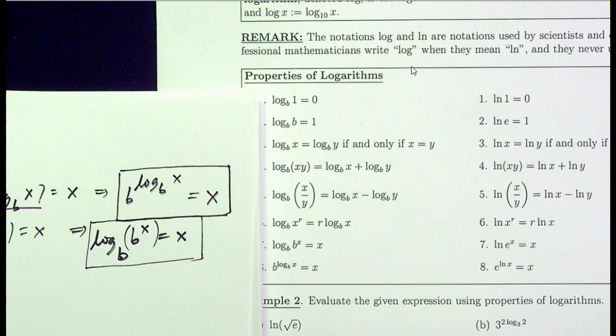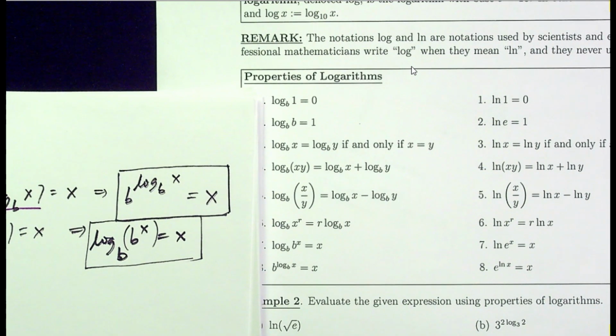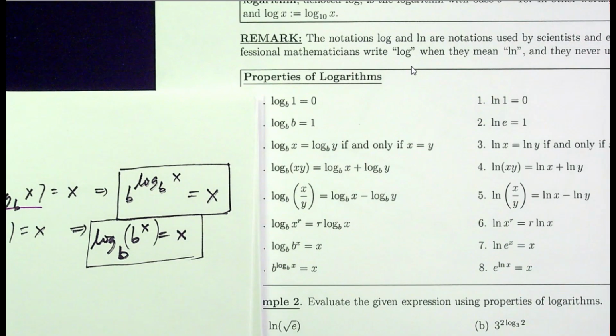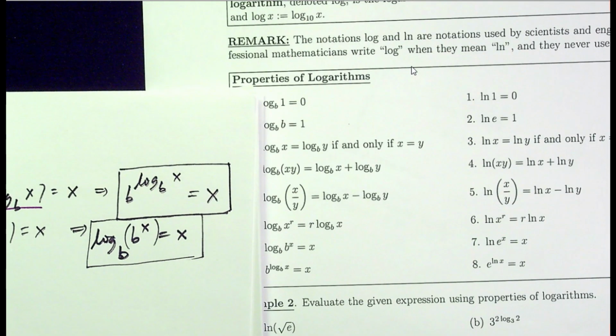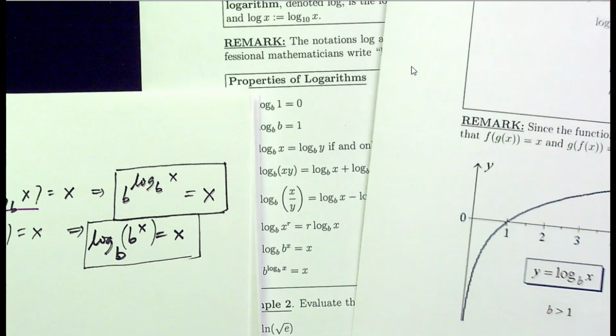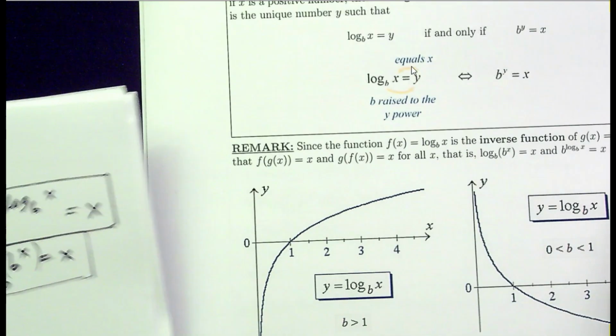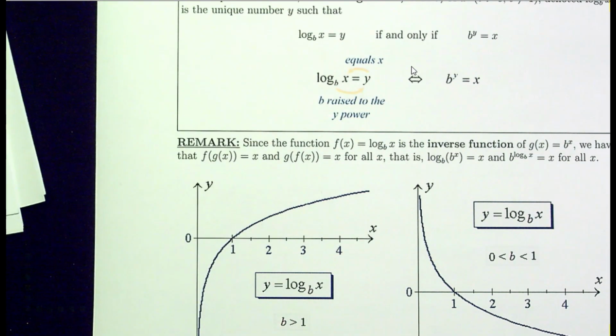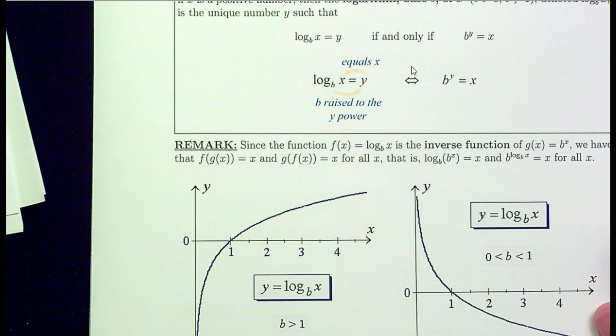Okay, we're going to talk about all the properties of logarithmic functions in a minute, but that is one that follows immediately from the definition of what it means to be an inverse function, that it cancels with the inverse. Okay, so that's two of the properties.